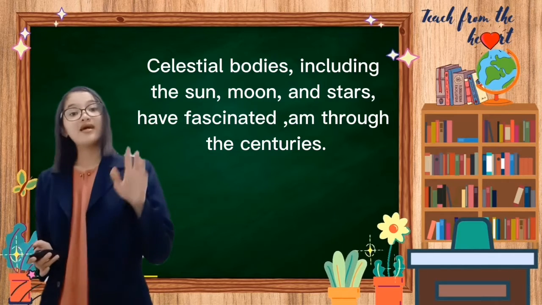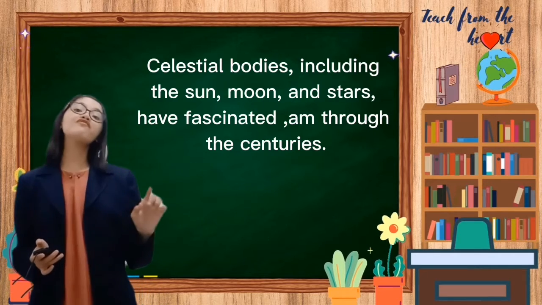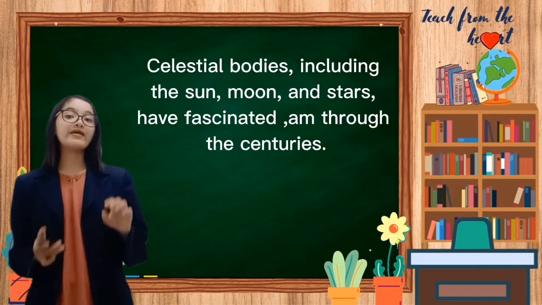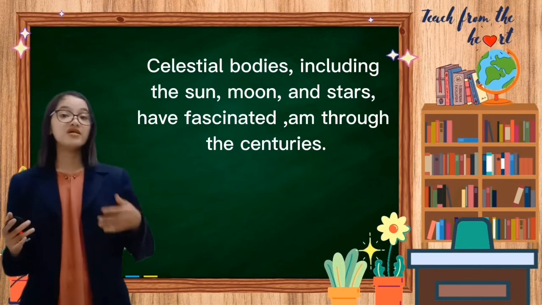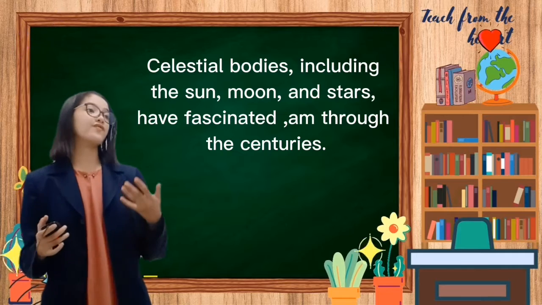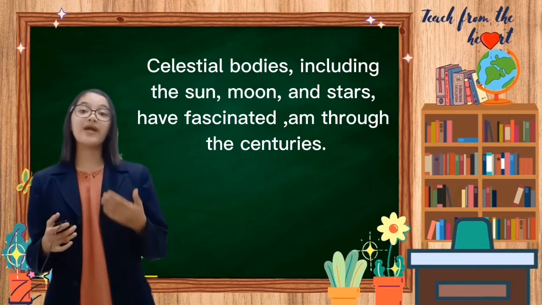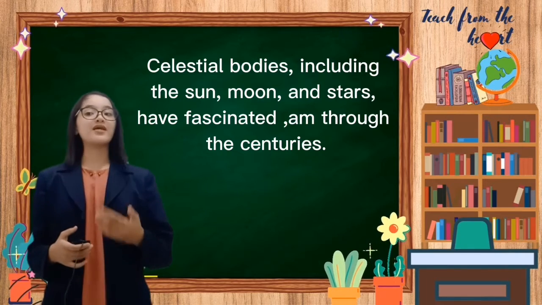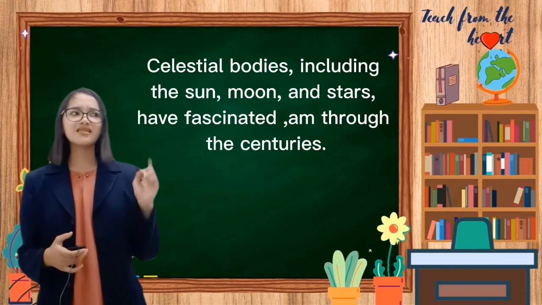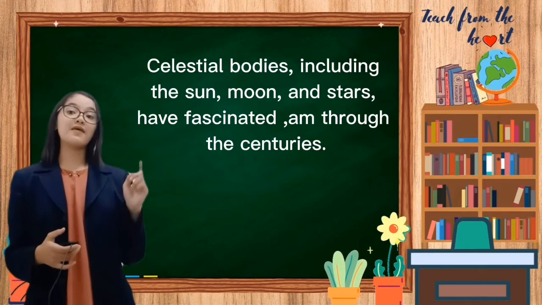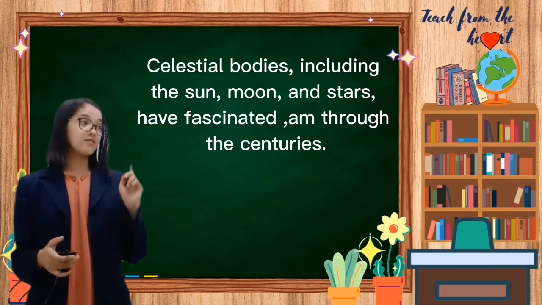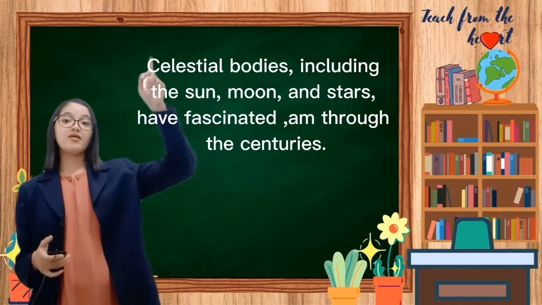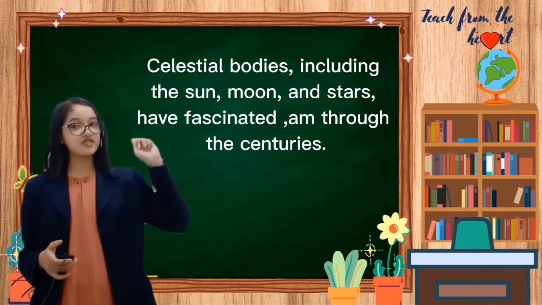And you're right, the answer to the unfamiliar word is already given in the sentence through specification or through vivid examples or anything that illustrates the idea. Now take a look at the example again. It says that celestial bodies, including the sun, the moon, and the stars.